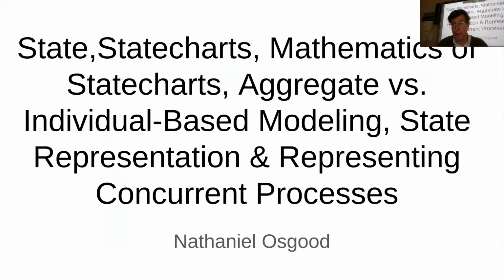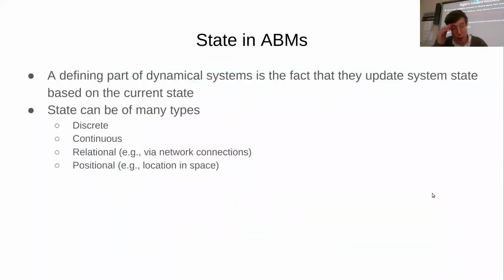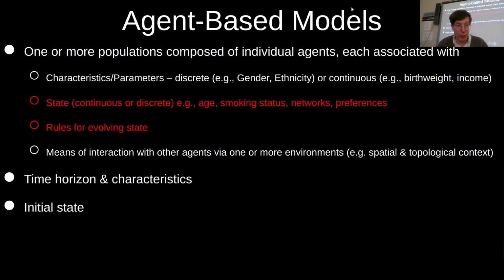So those who joined us last time will recall that we spoke about characteristics of agent-based models. We reminded ourselves that agent-based models, as some of their many key properties, have a characterization of state and rules for evolving state. And generally, at a high level, those characteristics are true of any dynamic modeling framework. And that's what makes it a dynamic framework.